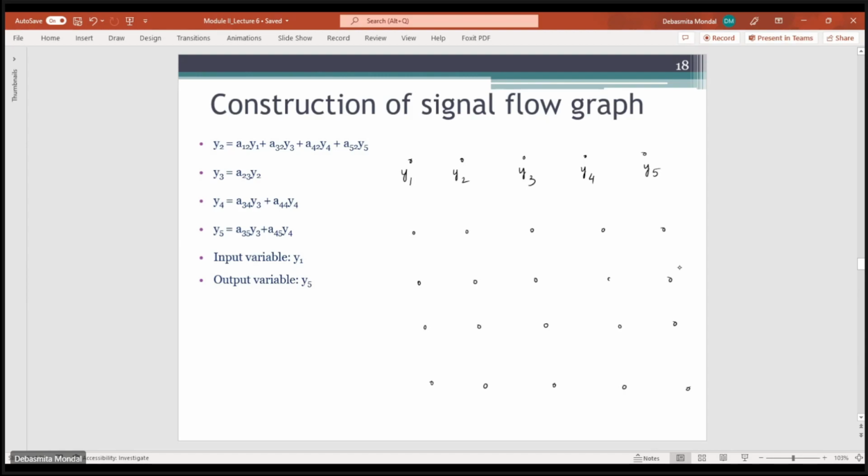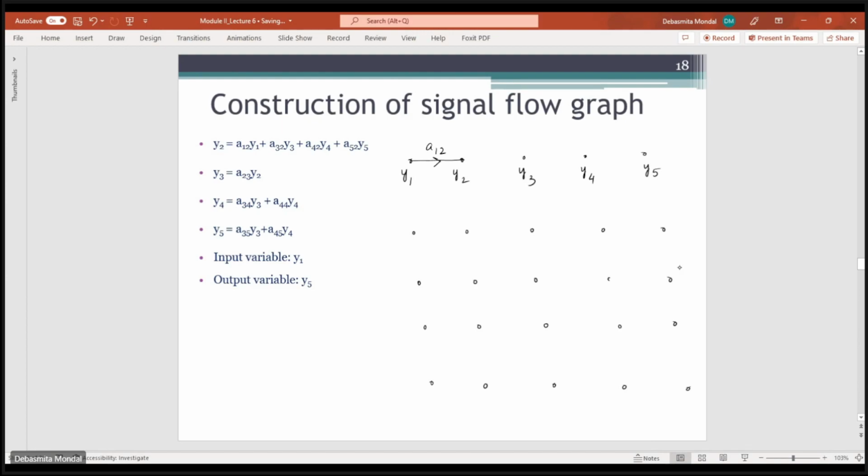Ma'am, one forward path, and the others will be loops, 3 loops and 1 forward path. One forward path as in from where to where? Yes, y1 to y2, ma'am. y1 to y2. Fine. What is the gain? Ma'am, gain is a12.